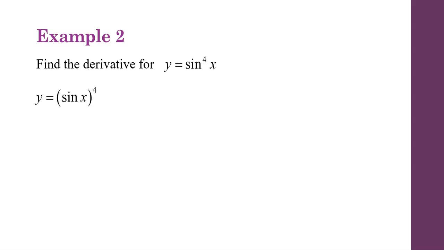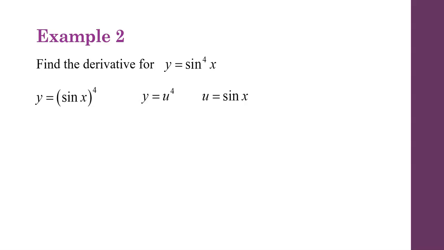So again, I do have a composite function in here that I need to take a derivative of. Our outside function in this case is u to the fourth. Something's taken to the fourth power. The inside function is sine of x.